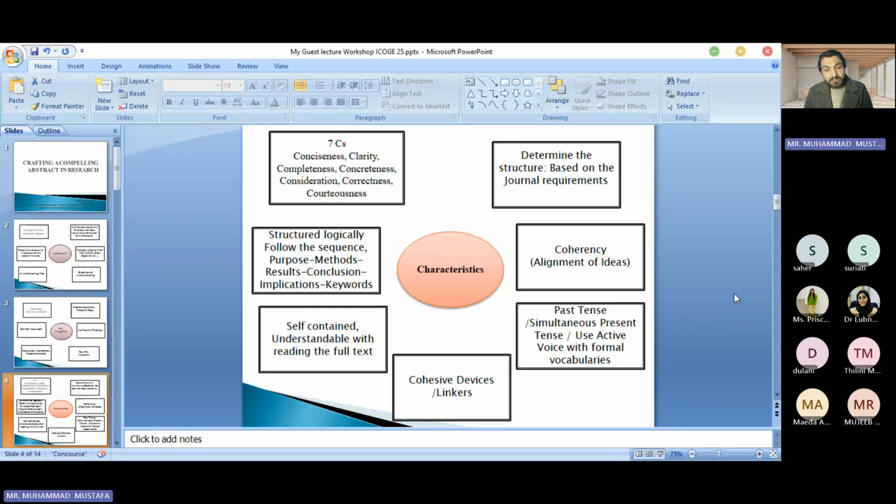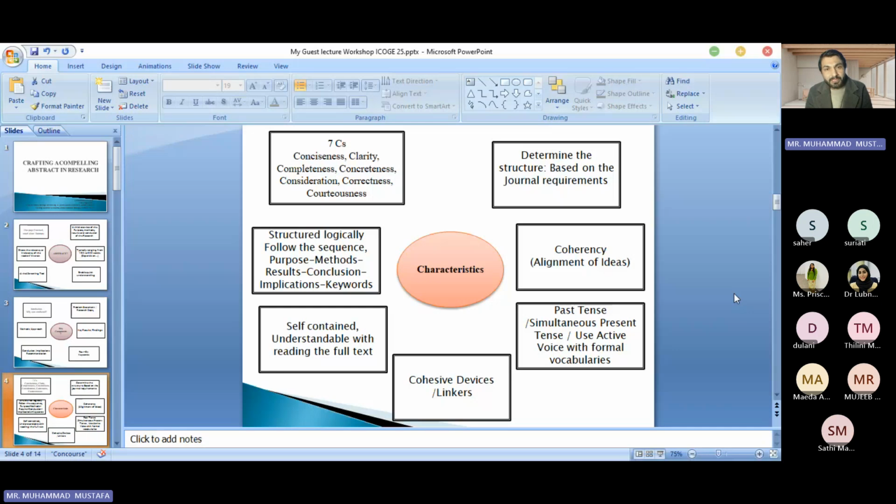For instance, required is considered a formal word; if instead of required we use need, we have used an informal word. So we need to use formal, most formal terms where necessary.